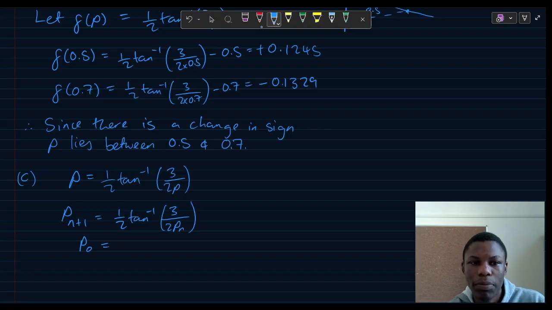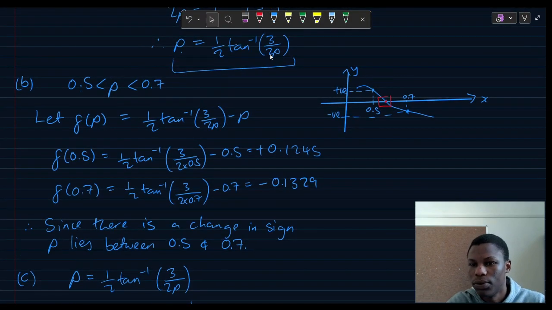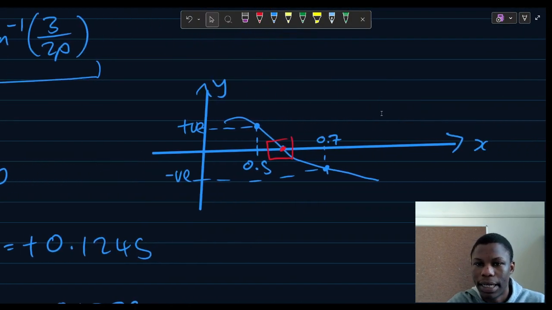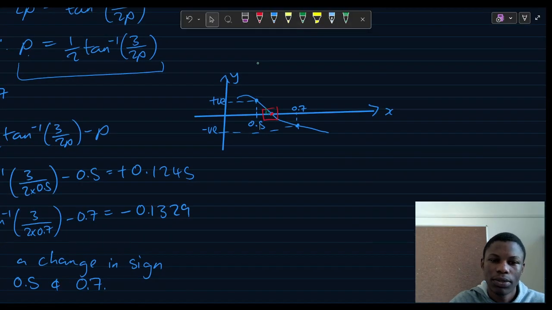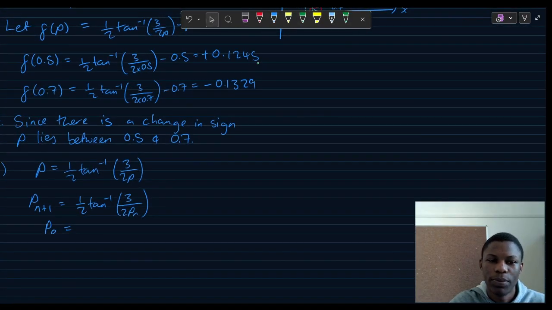In this case, I'm leaning towards using the midpoint of 0.5 and 0.7, because the closer this value is to 0, then the closer we are to the actual solution. Because if you look at our diagram here, the closer I get to a function value of 0, the closer I am to my actual solution. So that's why I'm tempted to use the midpoint.